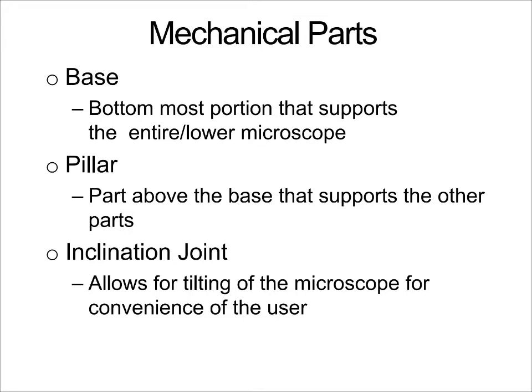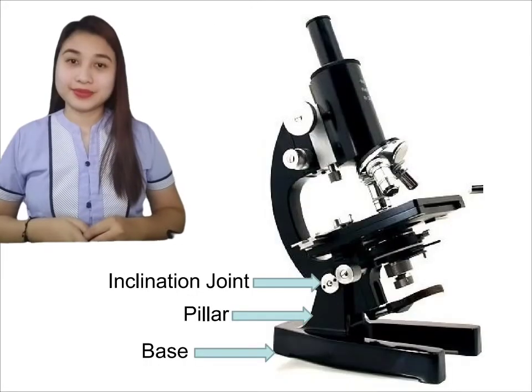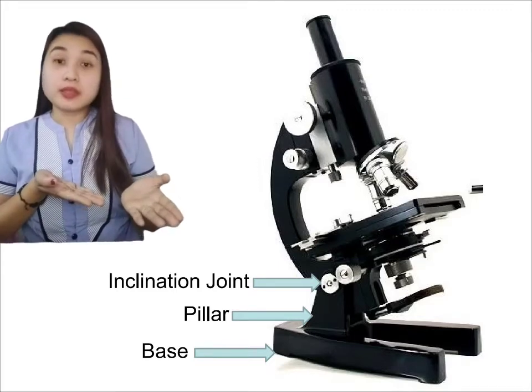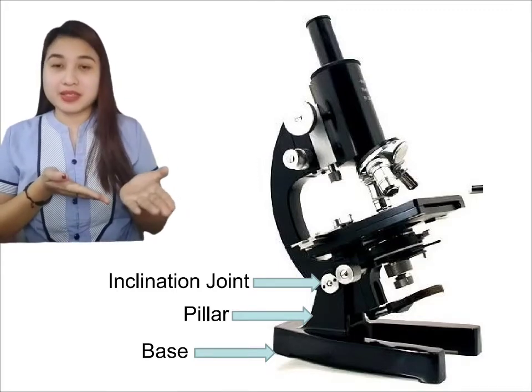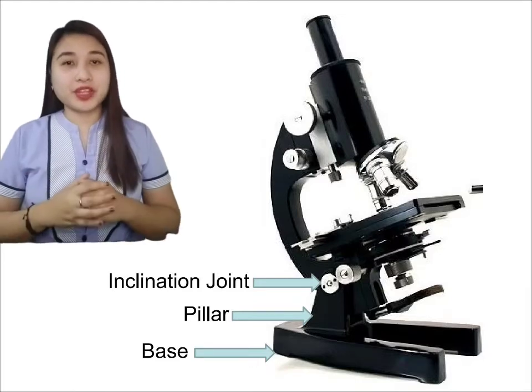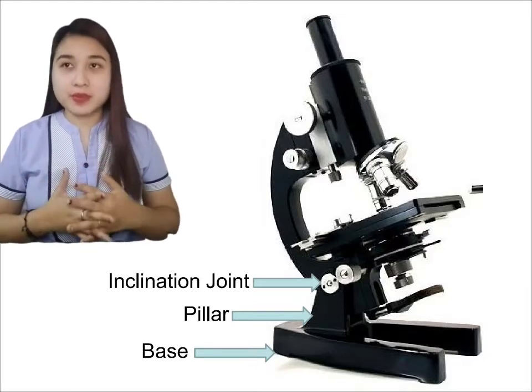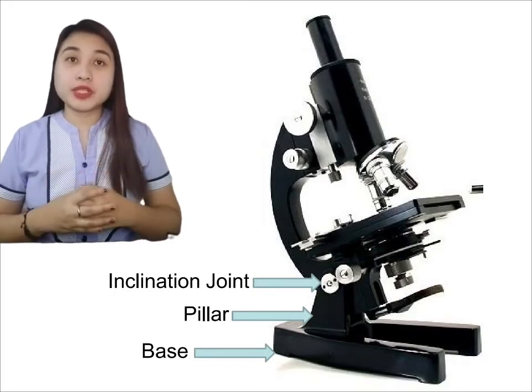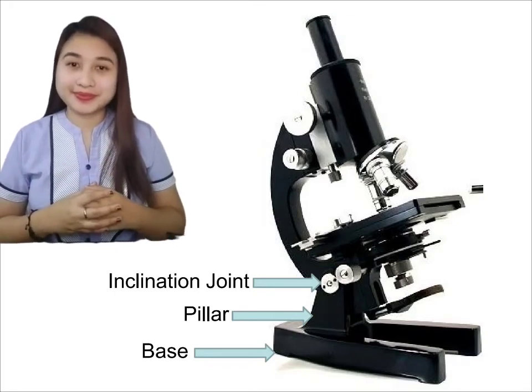Inclination joint, allows for tilting of the microscope for convenience of the user. Look at the picture. That's the inclination joint, pillar, and the base. They are important for microscope to be more stable when you are putting it on the table. It also supports the weight of the microscope.